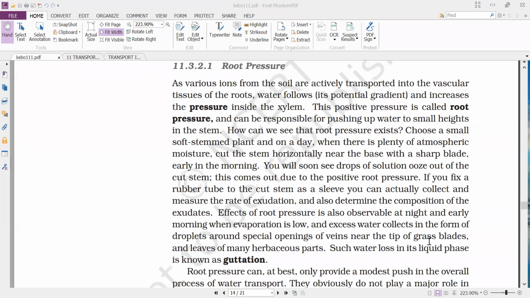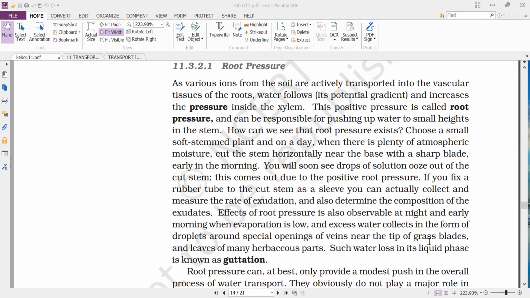To facilitate the transportation of water to the different parts of the plant, the fluid is exuded through the veins present in the leaves in the form of droplets, which we call guttation. Such water loss in the liquid phase is known as guttation.